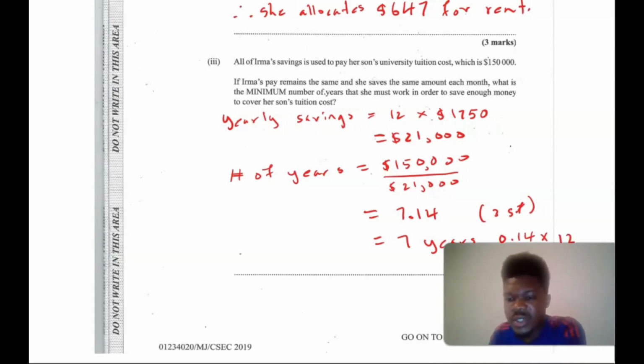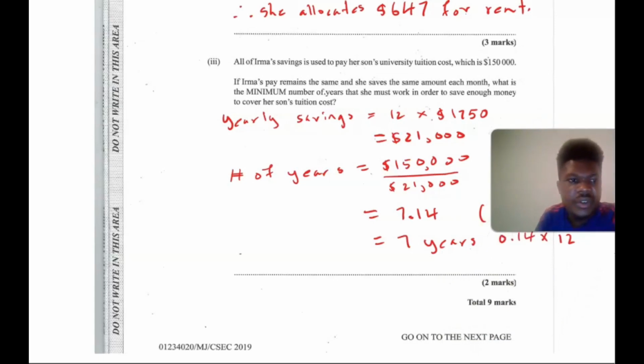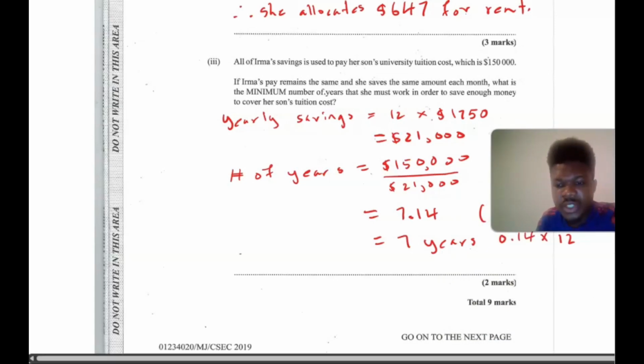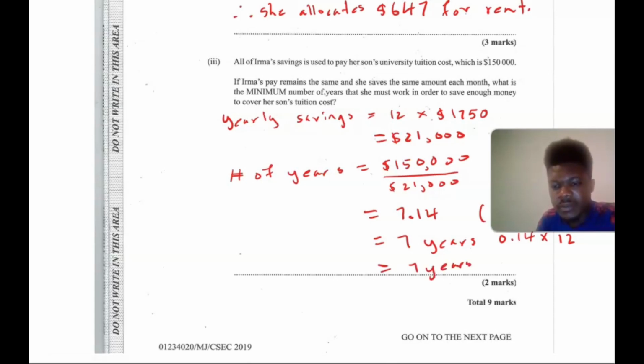So we can multiply this by 12, which would be 7 years and approximately 1 month. Yeah, 7 years and approximately 1 month for this one.